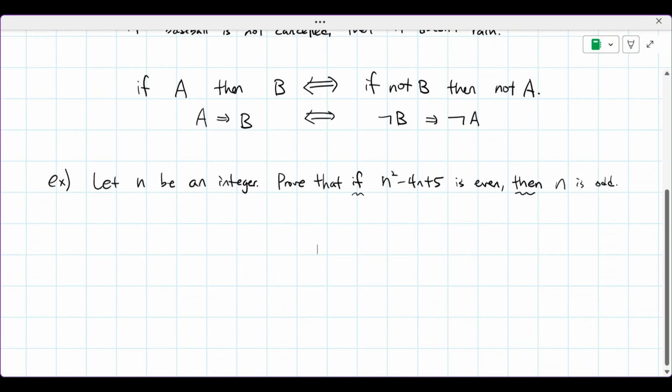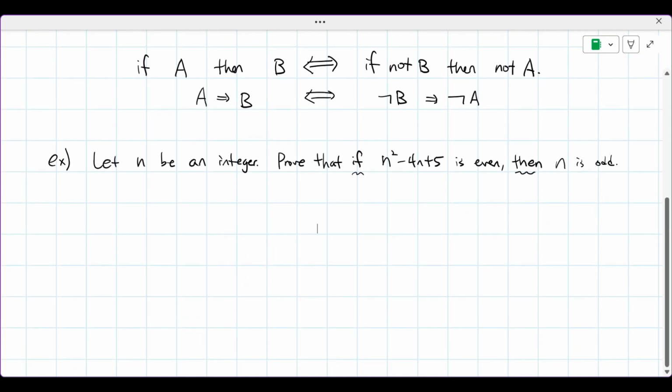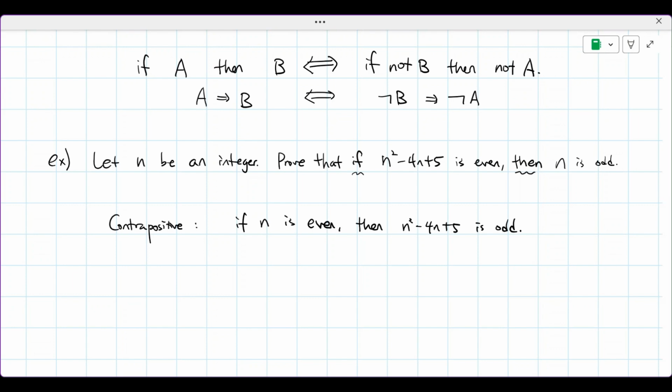So what I'm going to do here is, instead of proving the original proposition, I'm going to find the contrapositive and say if n is even, then n squared minus 4n plus 5 is odd. Now, this statement is a lot simpler to deal with, so let's try to prove it.